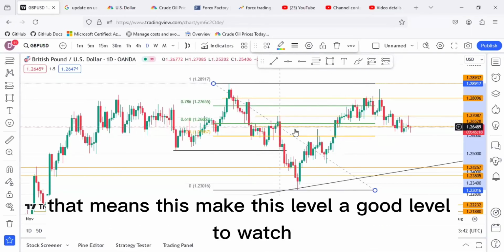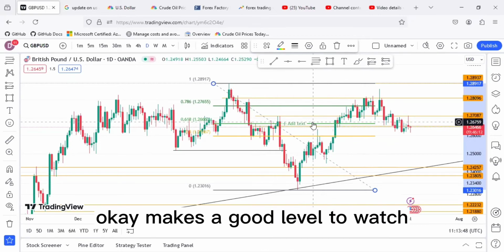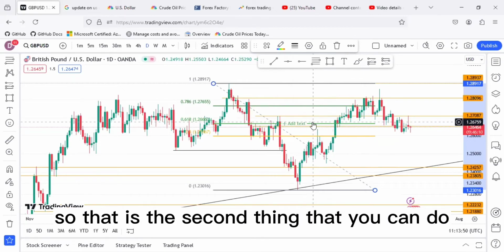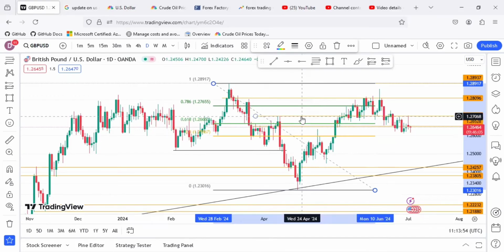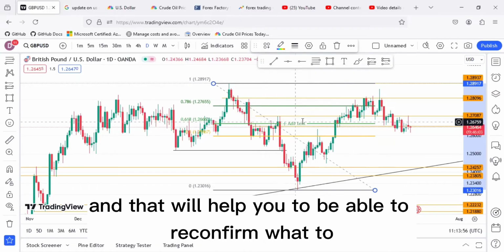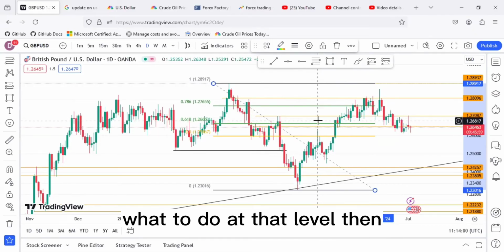That makes this level a good level to watch. So that is the second thing that you can do. You need to confirm how strong that level is, and that will help you to reconfirm what to do at that level.